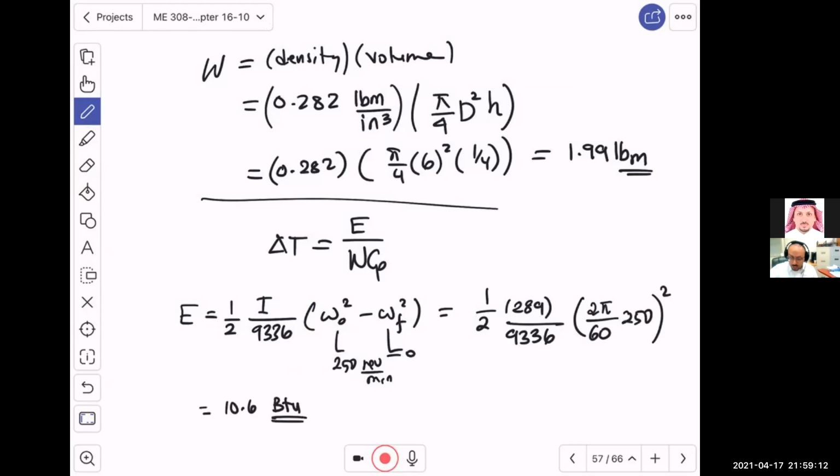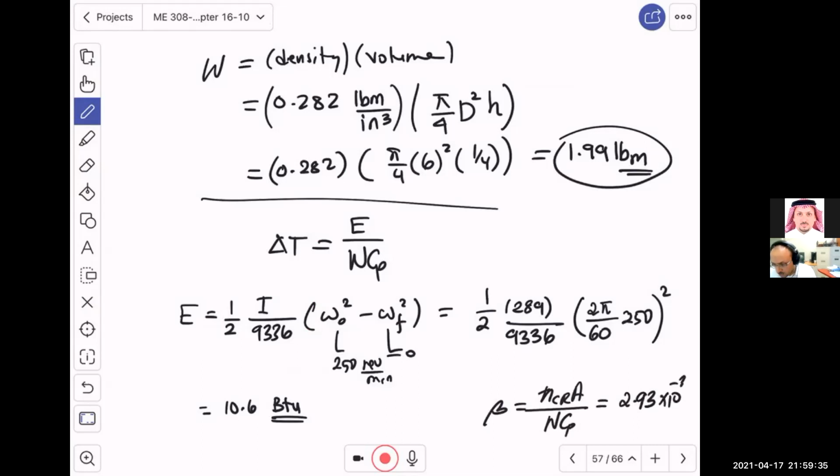Now, we know that beta is equal to HCR multiplied by the area divided by WCP, which I didn't calculate. So if you plug in all the numbers, you will end up with 2.93 multiplied by 10 to the power minus 3, and this is per second.